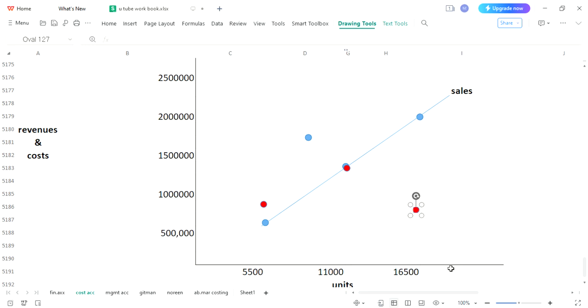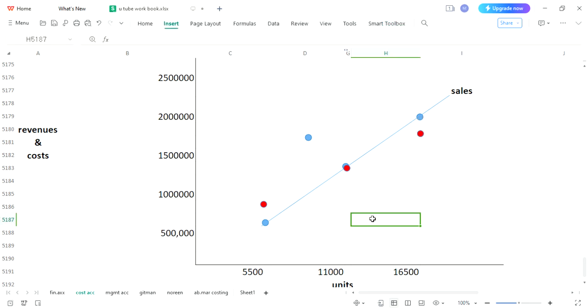This is your 16,500 and we need to put 18 lakh. 18 lakh would be in between 15 and 20. So let's arrange it. It would be like over here, a little up. So finally we have got our second line.